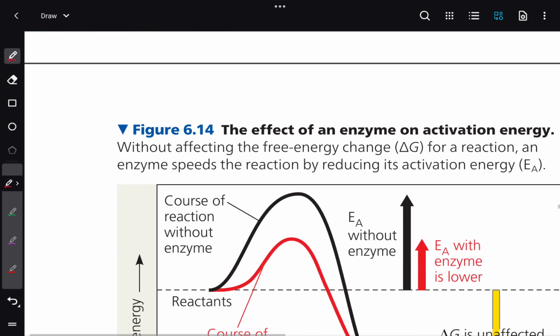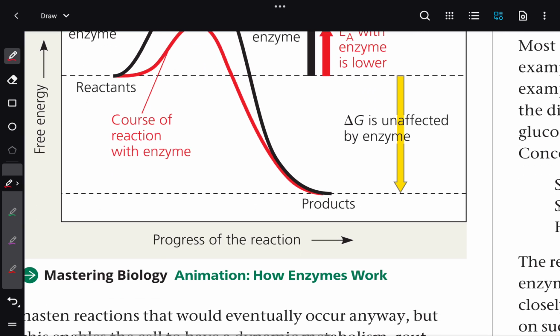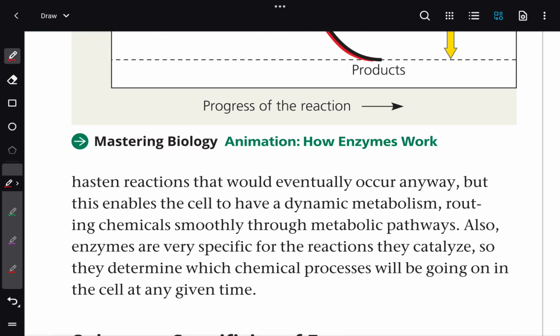Now, enzymes can hasten reactions that would eventually occur anyway. That's the whole idea. But this enables the cell to have a dynamic metabolism, routing chemicals smoothly through metabolic pathways.